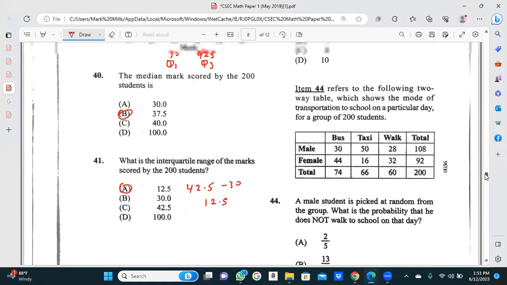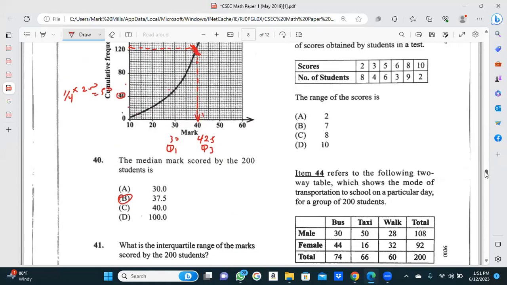So what's the interquartile range? We look for the lower quartile, which is 50. So we came to 50, somewhere in the middle, right? Which then we go down and we got the 30, and later we do the other one, and we got the 40. The other one, we got the 42.5, right? Let me subtract.